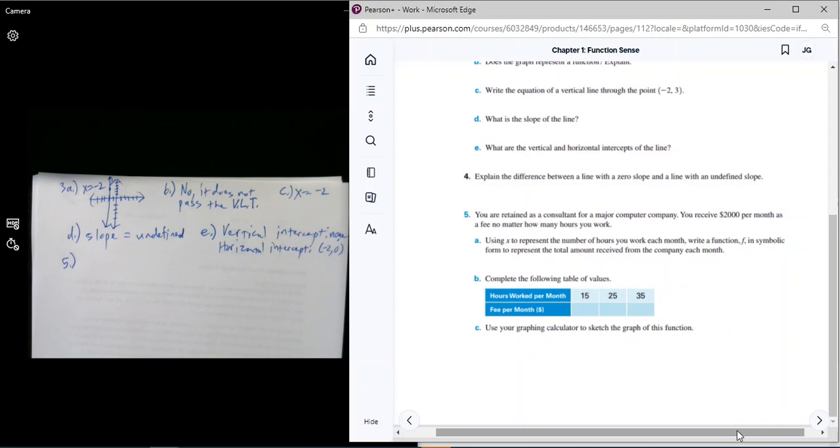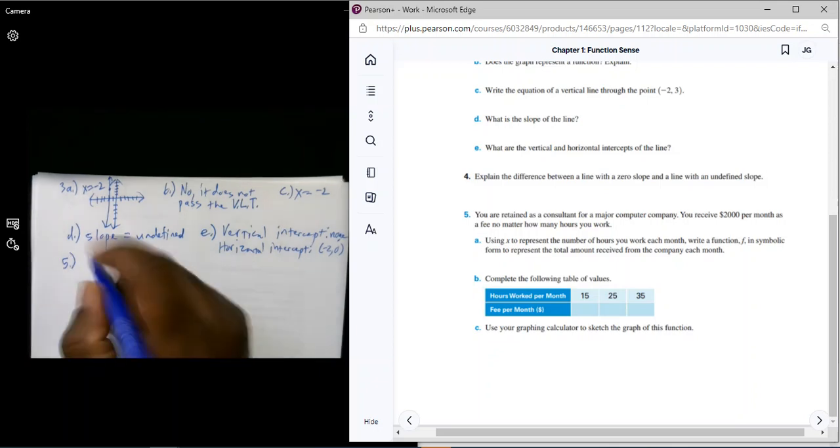So if you work 0 hours or you work 50,000 hours, you're still just going to get your $2,000 a month. Okay, so now, with that being said, it says using X to represent the number of hours you work each month. Write a function f in symbolic form to represent the total amount received from the company each month.